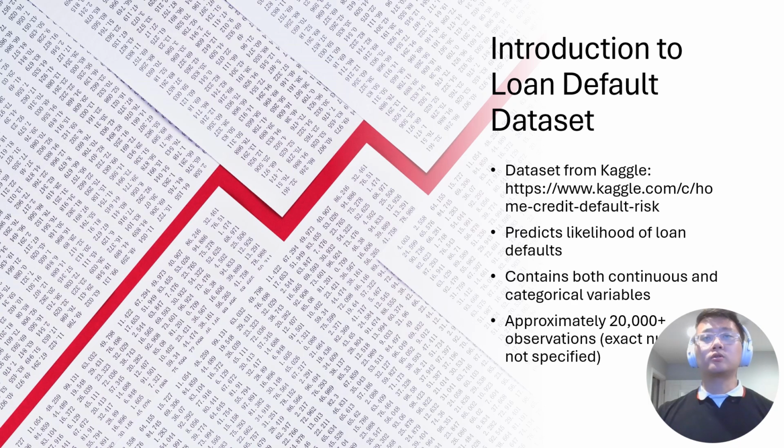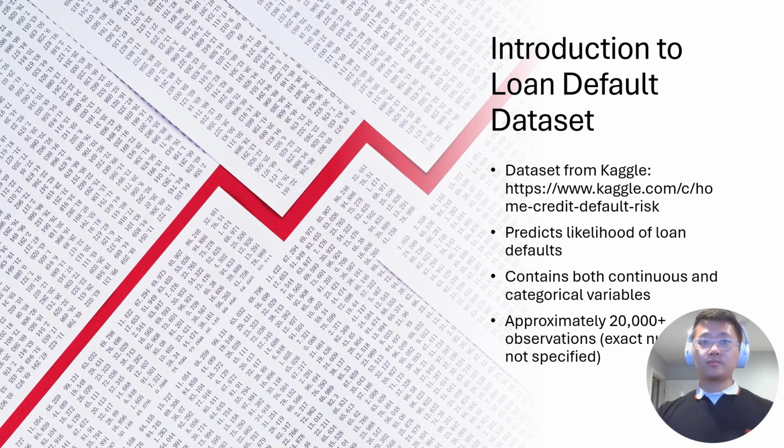All I want to do is try to predict the likelihood of loan defaults based on different features or parameters. We want to make sure we have both qualitative and quantitative variables or factors, and we want to make sure there's big data, so if we want to use Monte Carlo simulation or whatever, there's enough data to do it.